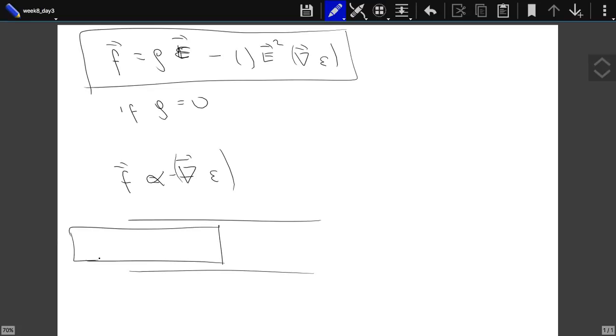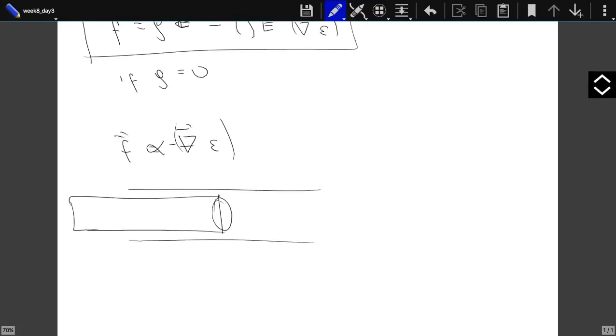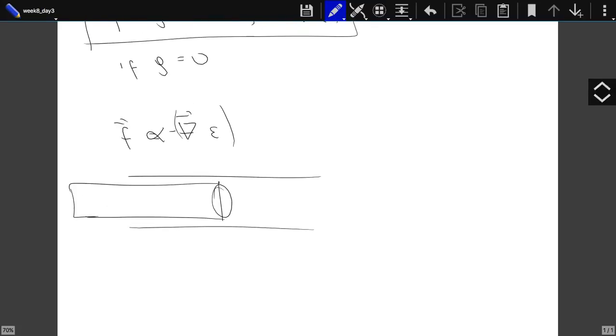Here, in this region, the gradient of epsilon is non-zero. So that is where you seem to have a force, and in fact, if you calculate the total force over there, you get exactly the same result that we obtained by using the variation of the energy as we insert the dielectric. But the origin of the force, that is still what I believe, is basically these fringing effects over here.